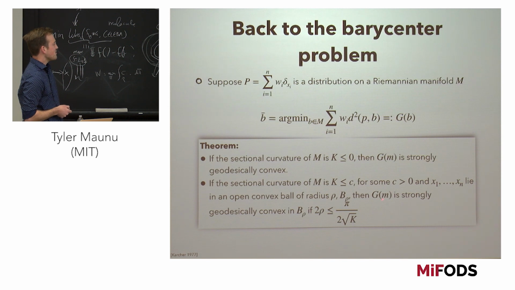Then I know that g of m is strongly geodesically convex in this ball only if the radius of this ball is sufficiently small, where the radius really depends on how large this curvature upper bound is. So the more highly curved my manifold is, the smaller I need to restrict my attention for this function to be strongly geodesically convex.